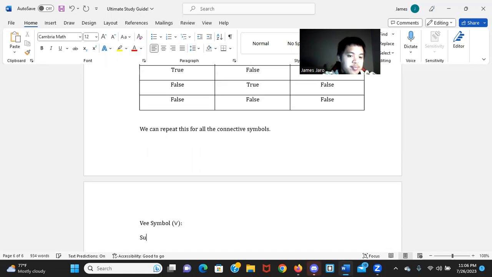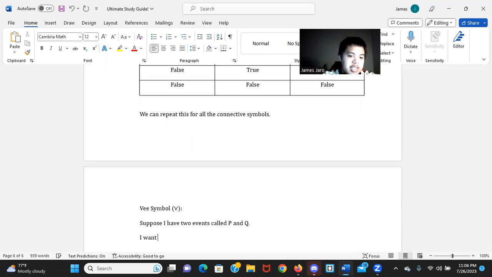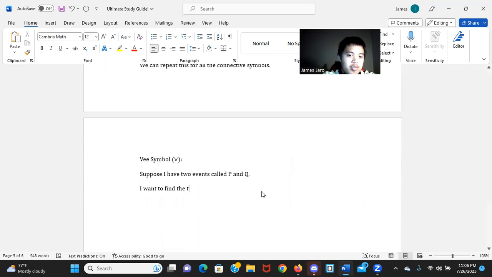So again, suppose I have two events, called P and Q. I want to find the truth value of P wedge Q, no matter the situation.